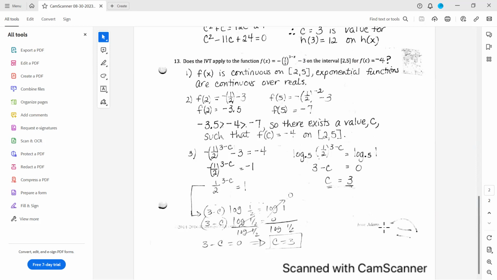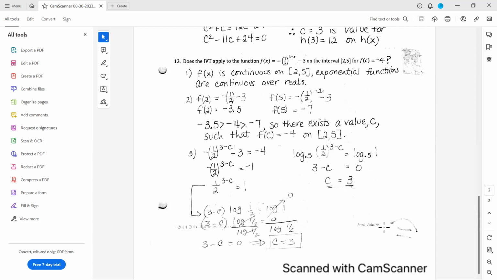Does the IVT apply? Actually, with her directions, you would have stopped there. Does the IVT apply? But she went on to find the C for you. Let's find out.